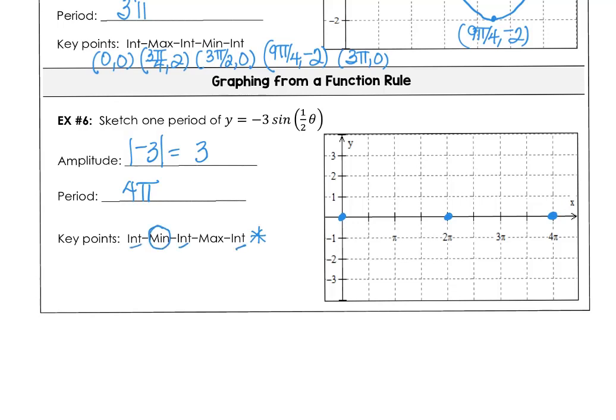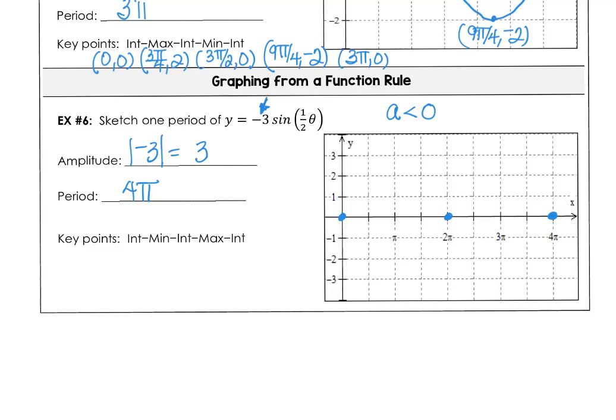Now notice that the second point is minimum, and the reason is because we have a negative a value. So the a value is negative, which switches the order of the min and the max, but keeps the intercepts.